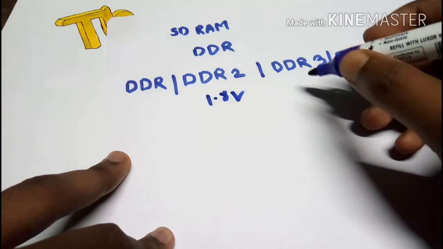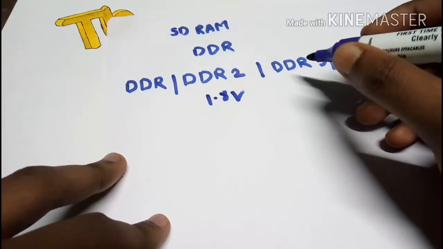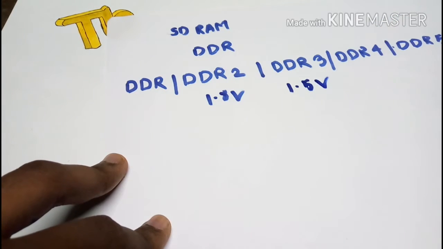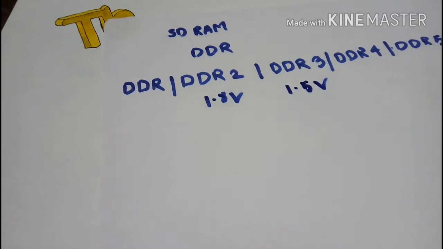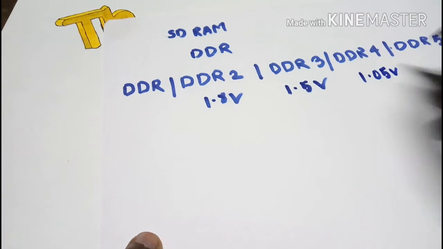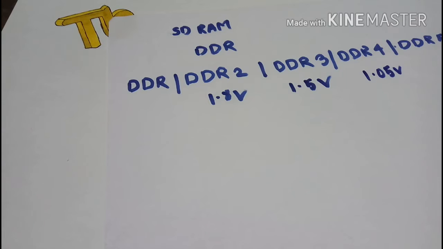The DDR3 technology did some advancements and needs a lesser amount of power, like say 1.5 volts, and DDR4 needs much lesser power, like around 0.5 volts. So the lesser power your RAM consumes, the more battery backup you will get, the more time you can use your phone with a single charge.